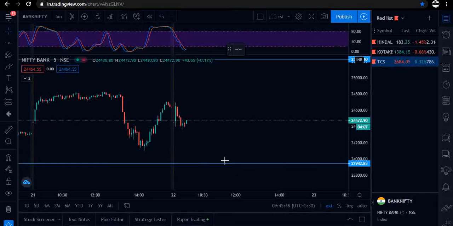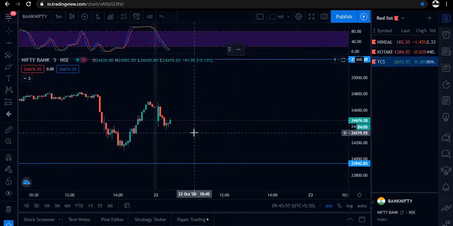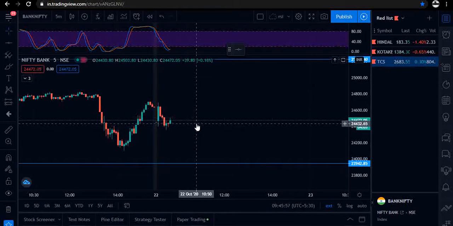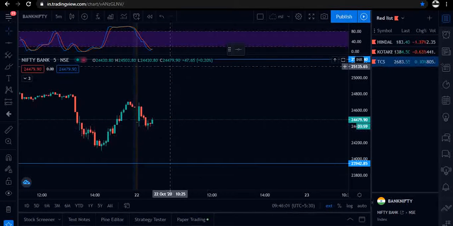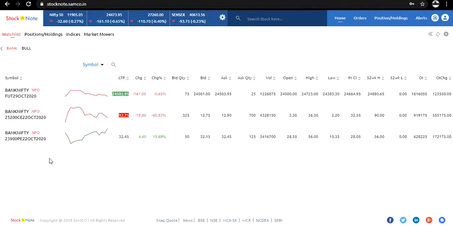Let us watch the chart of Bank Nifty. It is now trying to go upside. We will wait. If downside momentum comes, we will get our order on the 23,900 put filled. Otherwise we will place our order at market price.